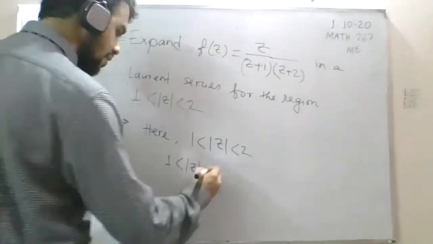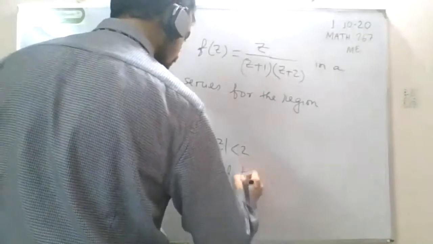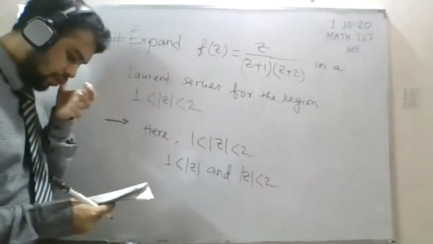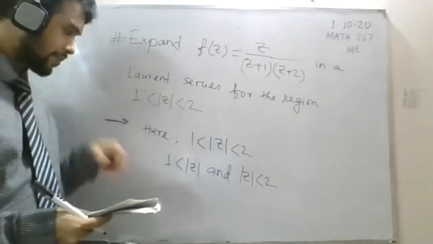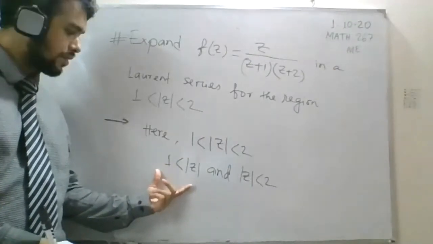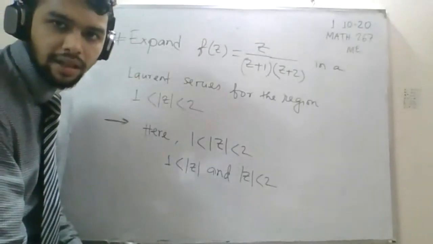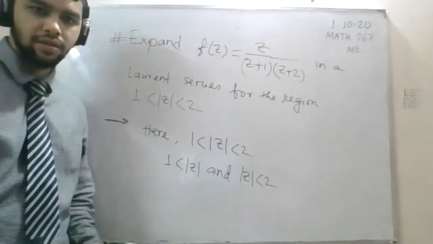You can already see that here 1 less than modulus of z, and also modulus of z less than 2.